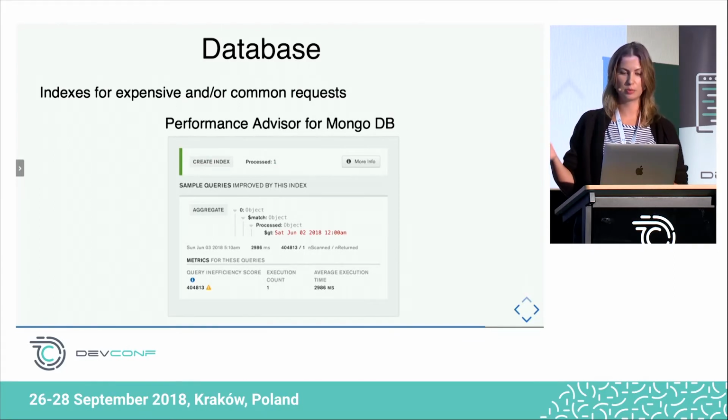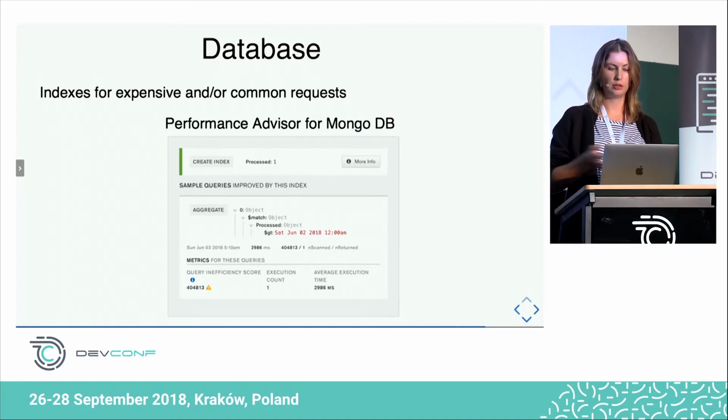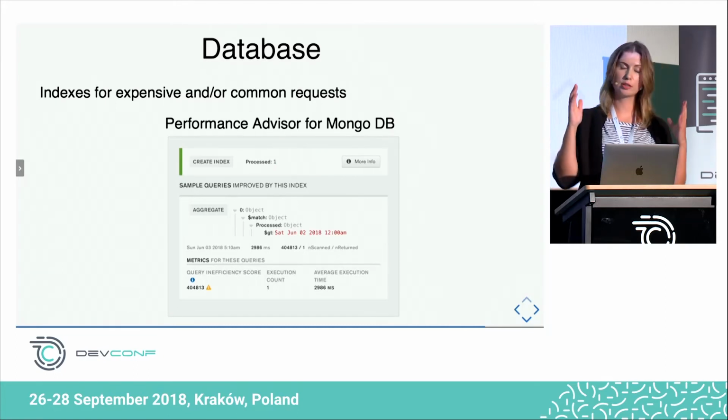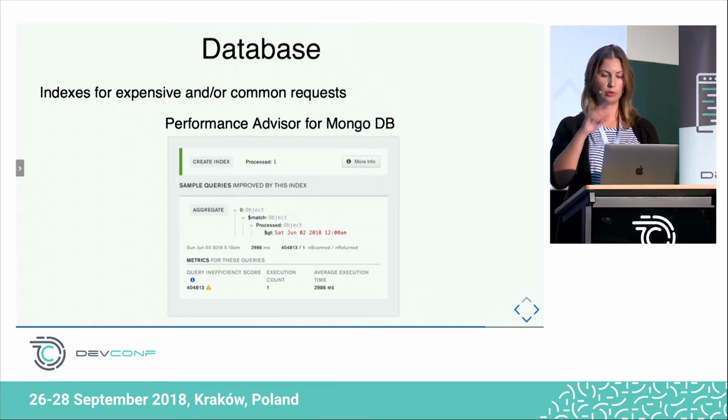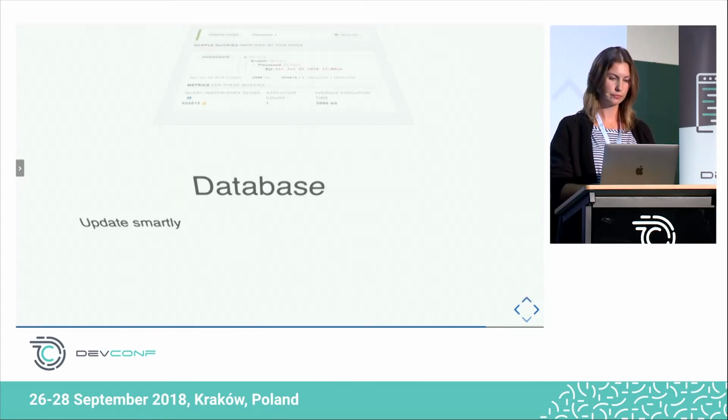Probably there are even apps that will do it for you. For MongoDB, there is Performance Advisor, and it's for extremely lazy developers, because if you hit this more info button, it will even show you the query, how to build this index. So it's extremely easy to improve performance in no time.